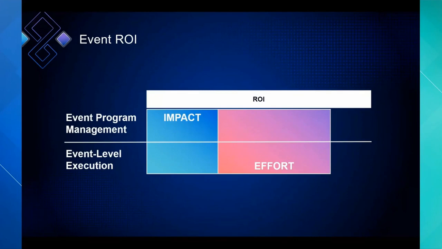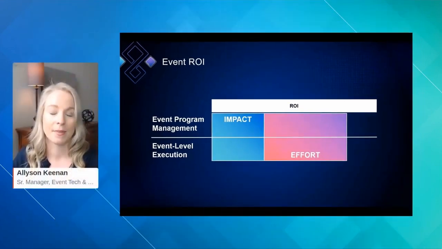You really have to have both and know about both in order to calculate, improve ROI. And for Cvent, we're not just applying this to the event execution level, but we are looking at this programmatically at our entire event portfolio and how this applies.